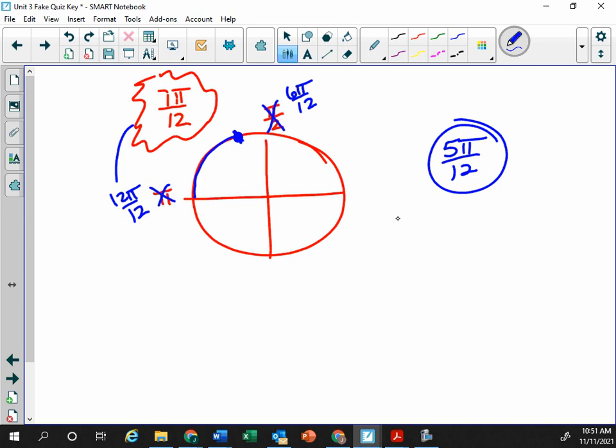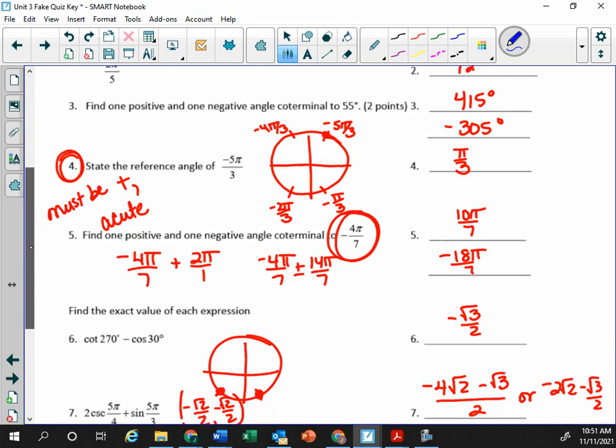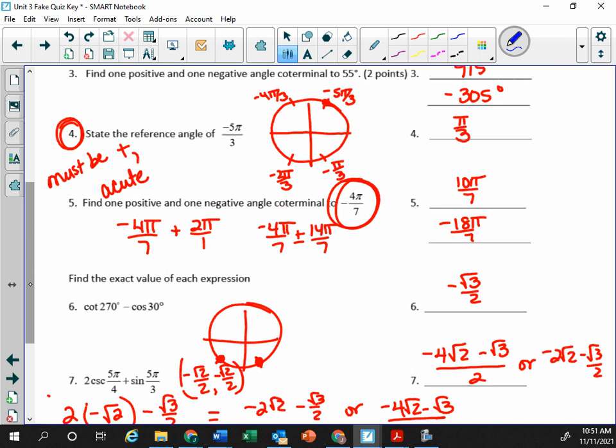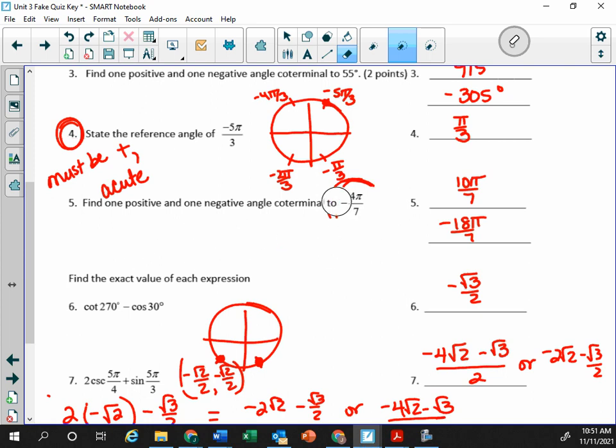And then you said 5 also? Okay. So a positive and a negative coterminal angle, that means if it's in radians, you're just adding 2 pi or subtracting 2 pi. So I'll go through it again here. Your angle is negative 4 pi over 7. You are adding and subtracting 2 pi.